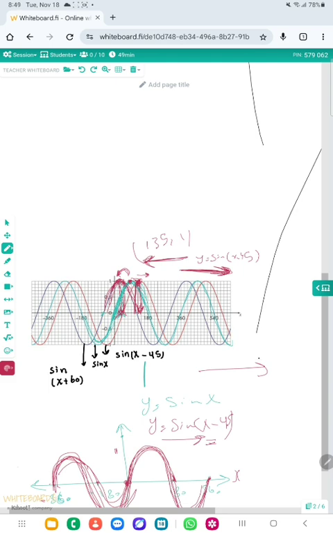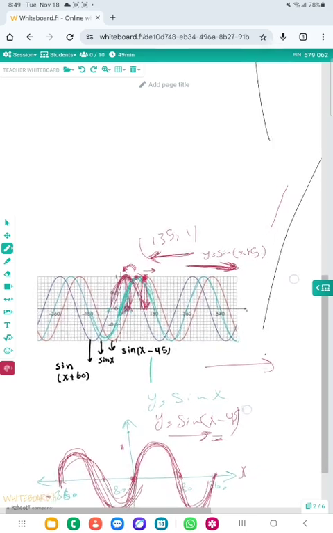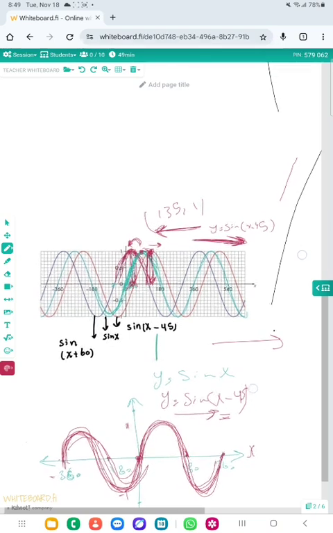Okay, now it's clear. Let's compare them together. If we put all three graphs on the same grid, here's what we would see. First, y equals sine x is the original, starts from 0 and 0, the green one. Y equals sine x plus 60 is the early one from the left, ahead of the original wave. It's already done part of its cycle by the time the original wave starts. It's shifted left.